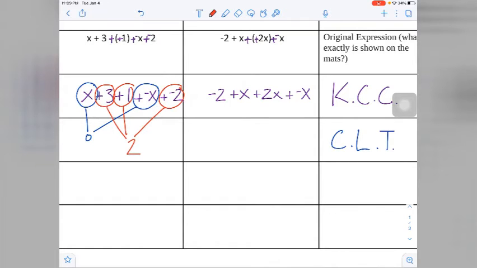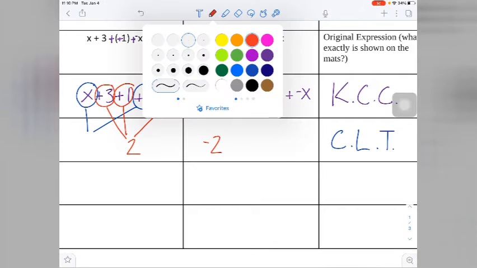So this becomes 0 plus 2, or we can actually just erase the 0 and just leave it as a 2. And then on the other side, I have -2, and that's the only term with that likeness.